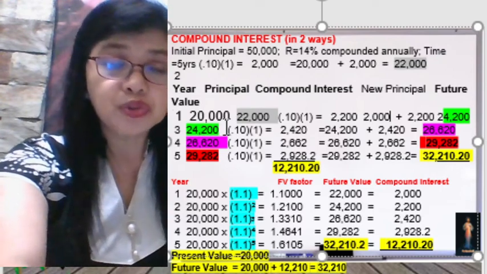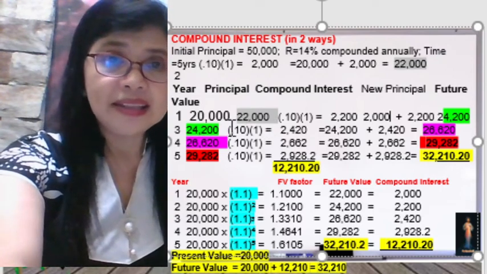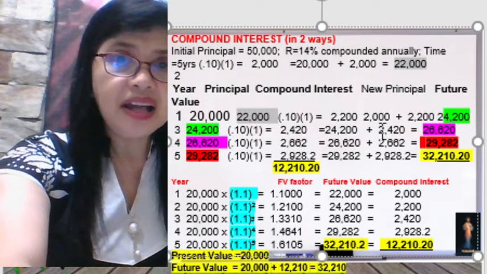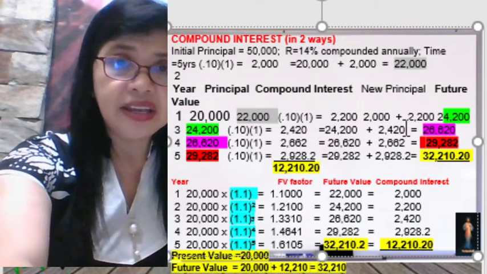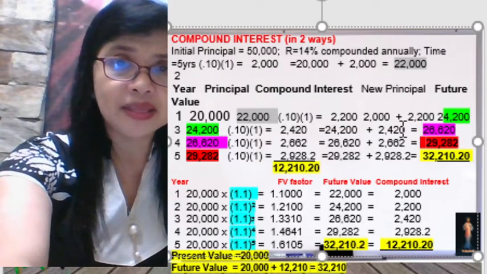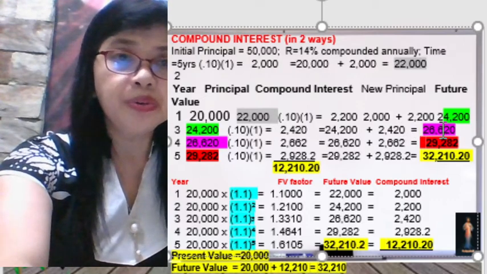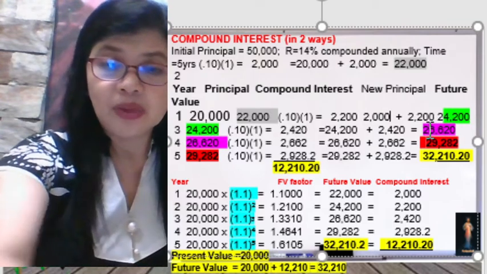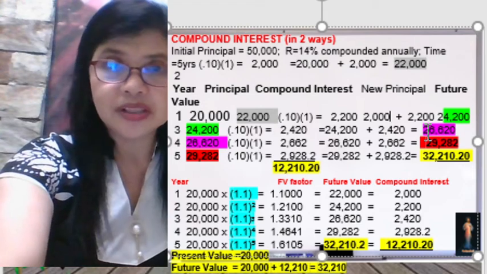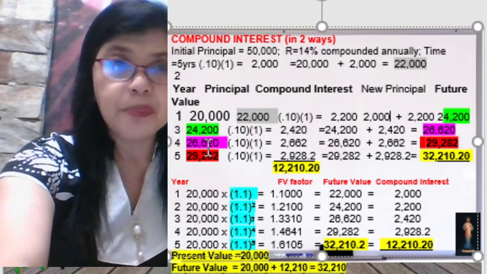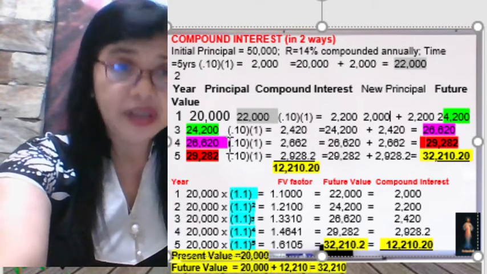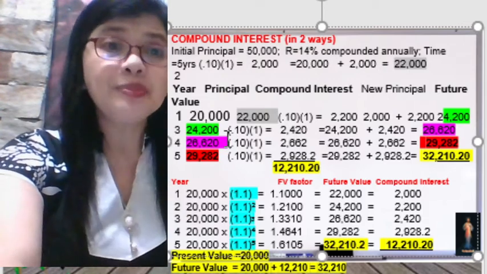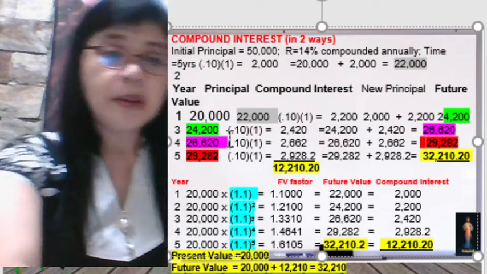From the 24,200, you multiply again by 1.10, so you earn another interest on the second year of 2,420. So how much is your new principal? 26,620. It becomes your new principal where you base your interest, so your interest is earning interest from the new balance of your principal.